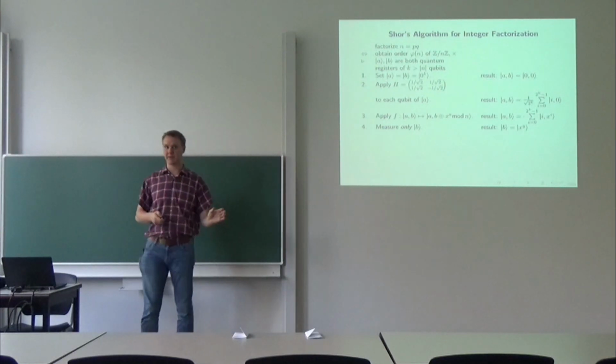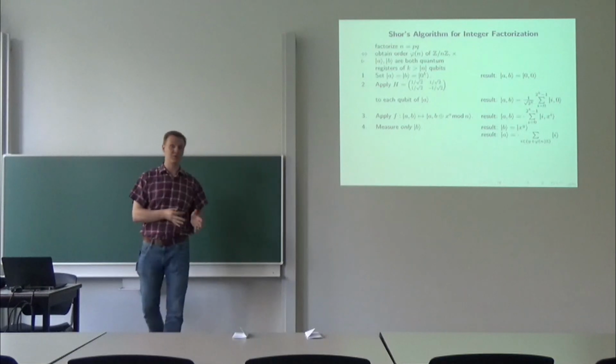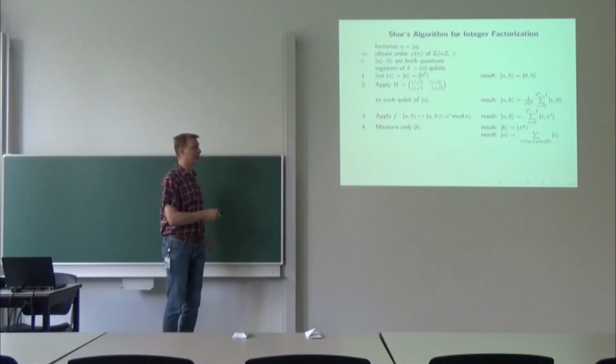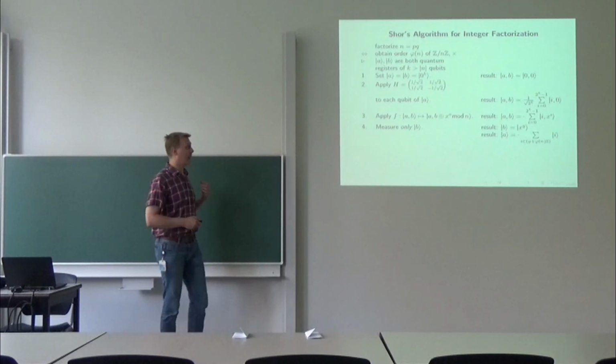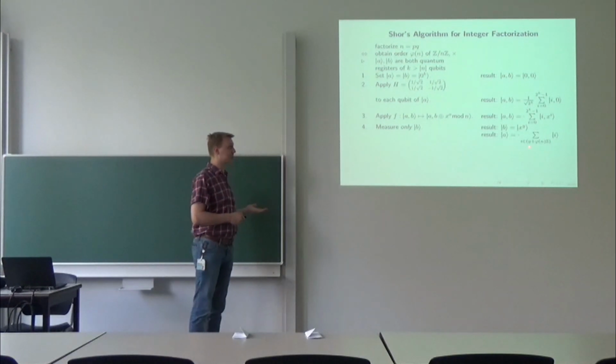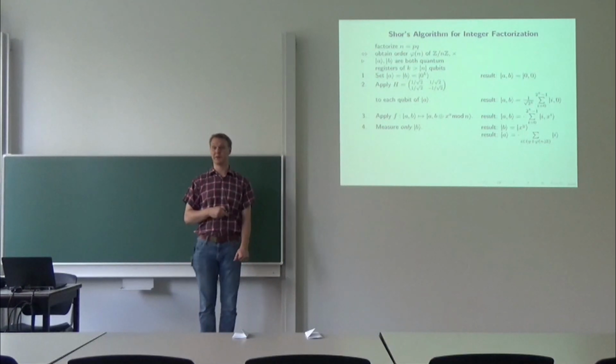Then the first register will remain in the superposition of all states that are compatible with this observation result. And we can describe this as a sum of all i starting from y and adding multiples of the order.